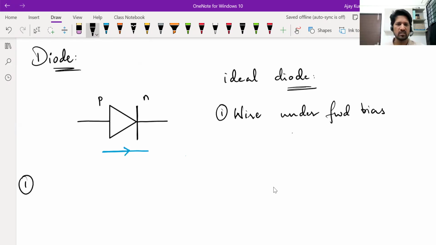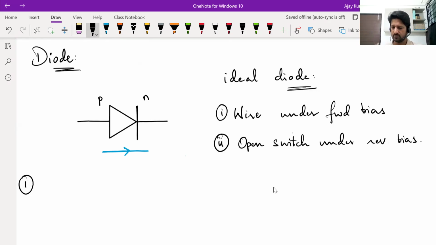You can ignore the potential difference across the diode. Okay, you can think of it as a wire. If you are given any resistance, then it means they are talking about a real diode. You include that resistance in the equations. Okay, we'll solve problems, you'll understand. And under reverse bias, it behaves like an open switch, absolutely no current at all. Okay, this is how an ideal diode behaves.